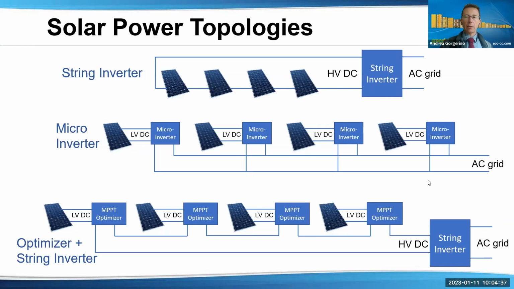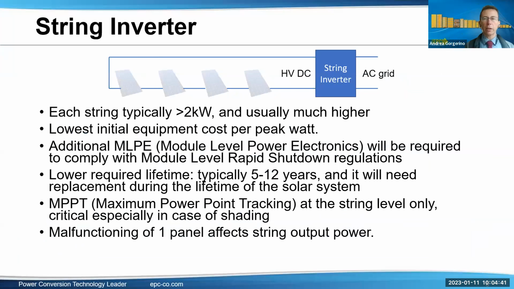So let's look a little bit at how these work in more detail. The first one is the string inverter. Each string typically is at least 2 kilowatt and can be much, much higher. As I said, these are also used all the way to utility scale systems. It has the lowest initial equipment cost per peak watt because you have a single inverter system.